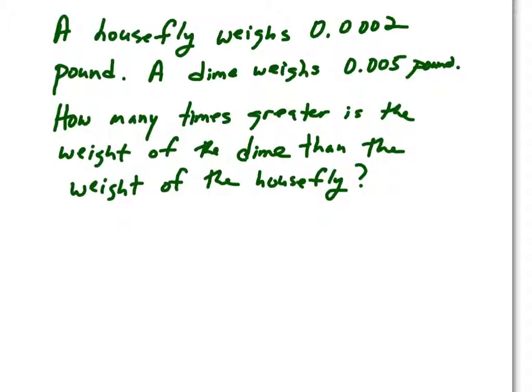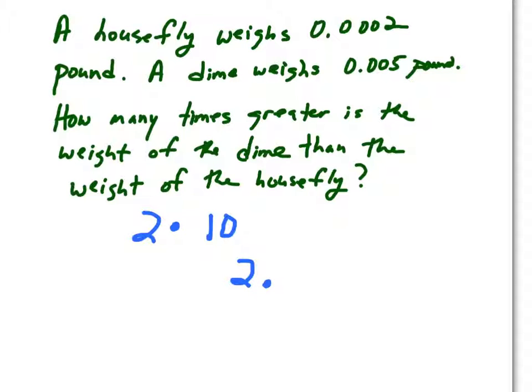Well, the housefly, we're going to call that 2 times some power of 10. Now to move my decimal, I need to go negative, but I need to move my decimal. So let's see what's going on with this 2 to get there.